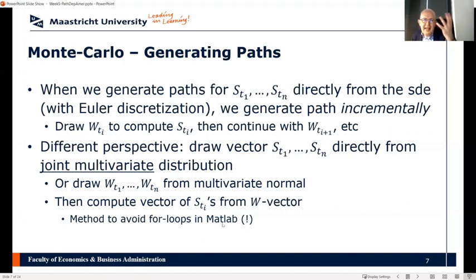Typically in matrix-oriented languages like MATLAB or Scilab, this allows much faster Monte Carlo simulation because you are drawing vectors of realizations directly. This avoids for loops in MATLAB, which are typically very expensive in terms of execution time.